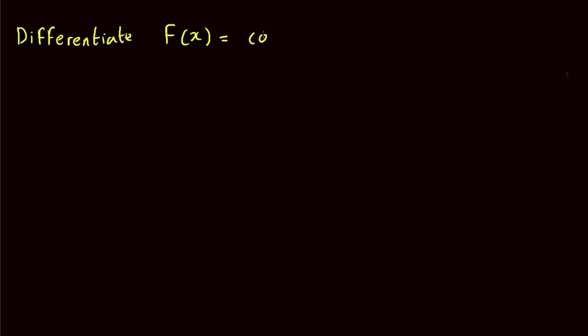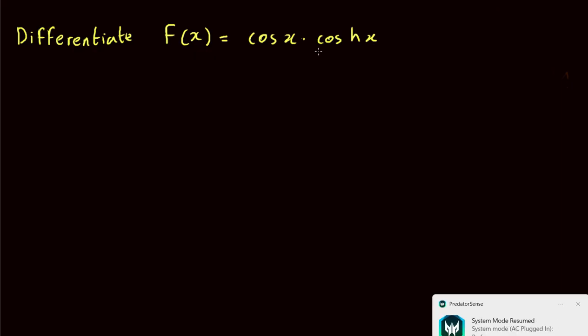It's simply cosine of x times the hyperbolic cosine of x. Again, I'll give you guys some time to pause and solve the problem.